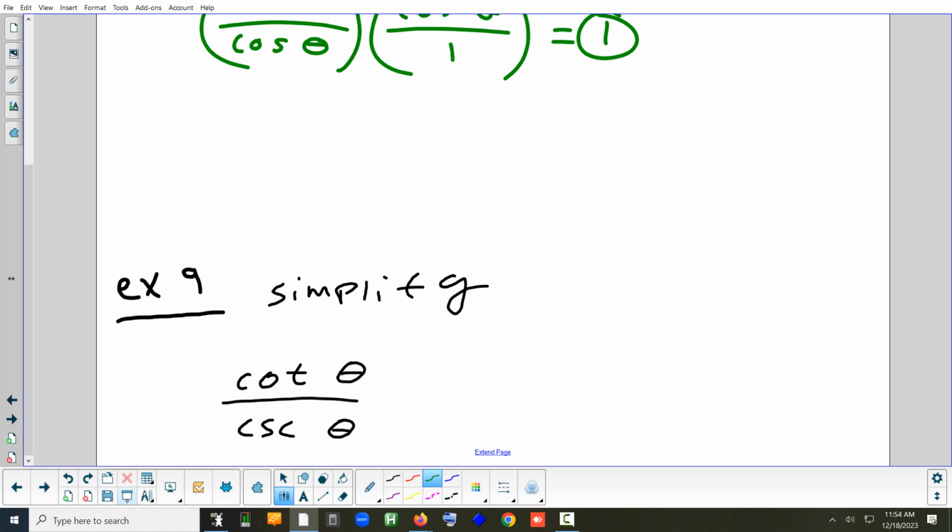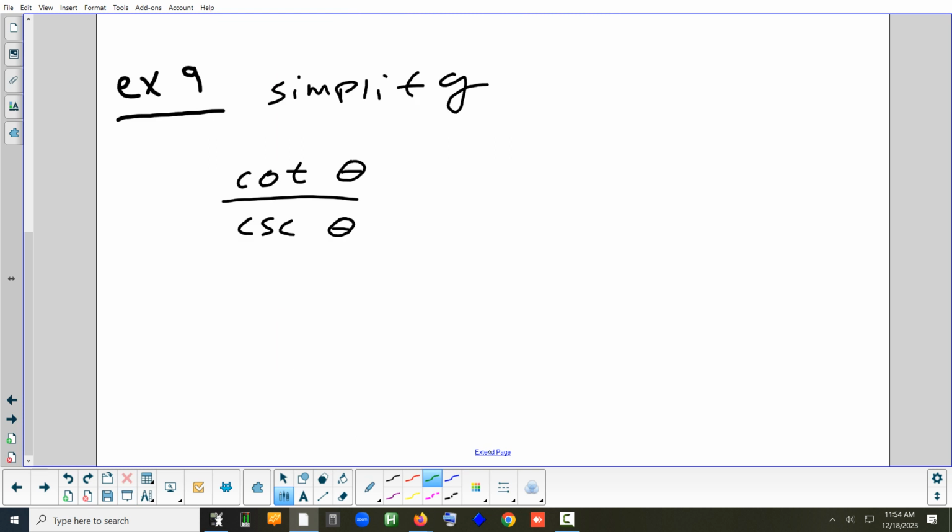Okay, let's try one more. Cotangent divided by cosecant. I want a simpler way to say that. Well, what's cotangent? I'm looking for a way to describe that in terms of sine and cosine. That's always the goal. Change everything to sine and cosine. Yeah, that's cosine over sine.